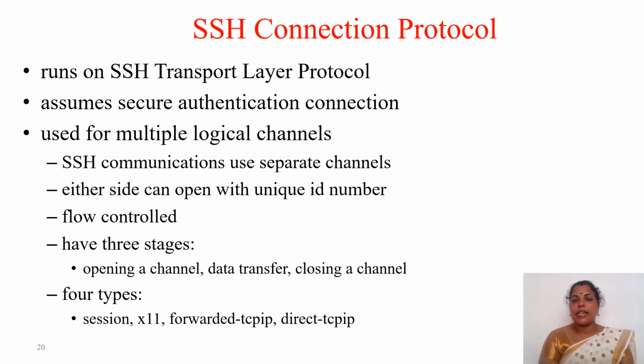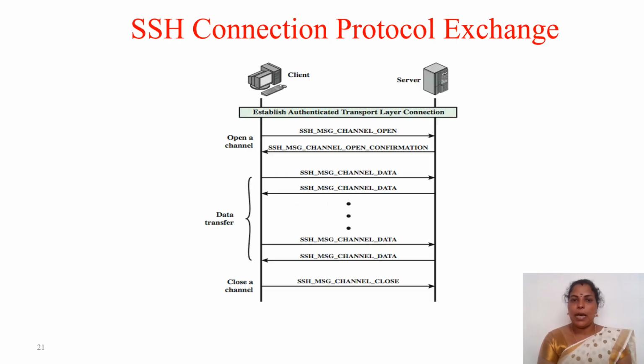Here we have 3 stages: first we open a channel, then we transfer the data, then we close the channel. Data flows through a channel, so we always first need to establish a connection. And we have 4 types of SSH connection protocol channels: session, X11, forwarded TCP/IP, as well as direct TCP/IP.